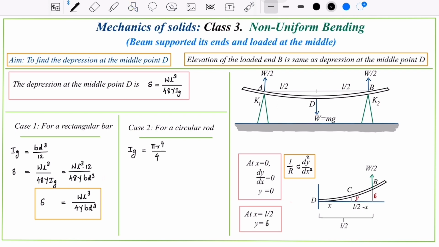The depression at the middle point is WL cube divided by 48 YIg, that is equal to WL cube divided by 48 Y. Now Ig is pi r raised to 4 by 4, that is when a circular rod undergoes non-uniform bending, the depression at the middle point delta is equal to WL cube divided by 12Y pi r raised to 4.